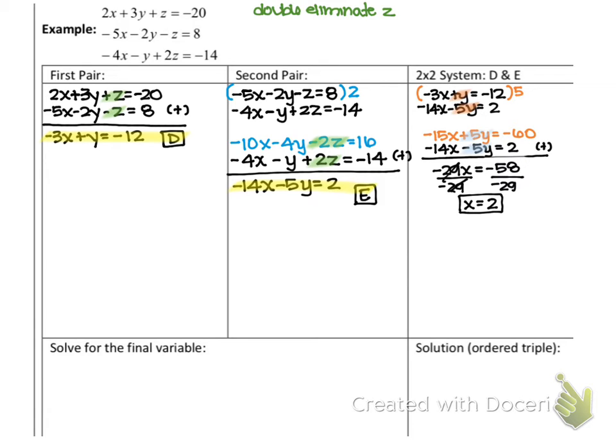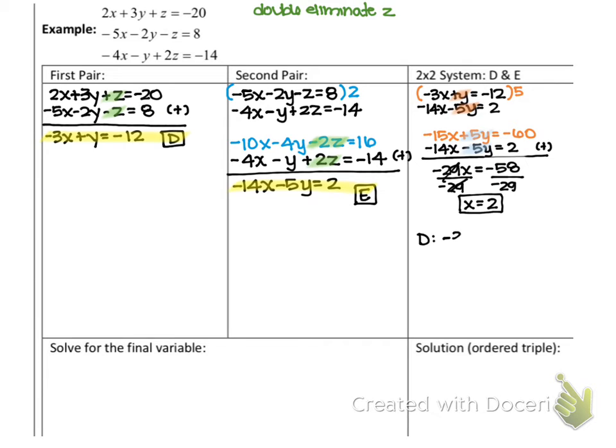Now, I'm going to stay in this box, this little area here. I'm going to look back at the two equations that I used here, D and E. Pick the one that you like the best. I think I'm going to go with equation D, and I'm just going to copy it down.